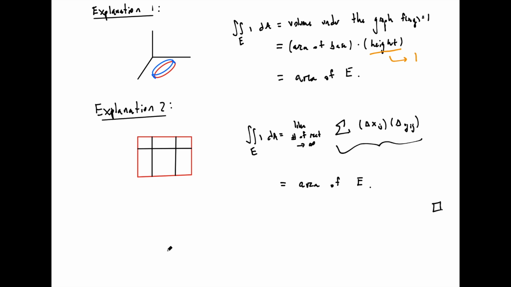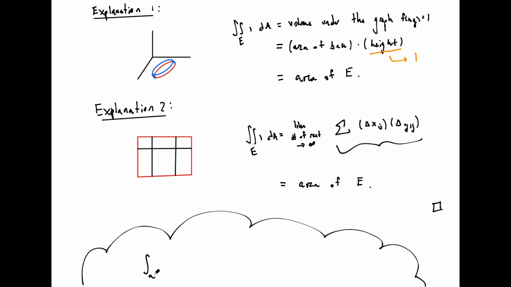There's an important analogy here to integrating the function 1 in the single variable case. If I integrate 1 over an interval, this is an easy single variable integral to do. The antiderivative is x, plug in b, plug in a, and subtract, and we get b minus a.